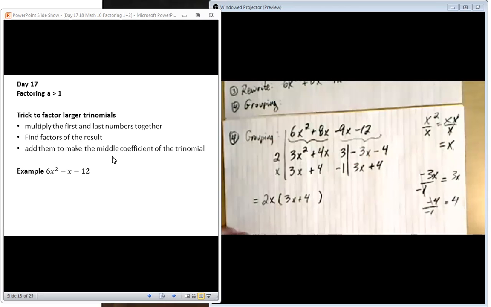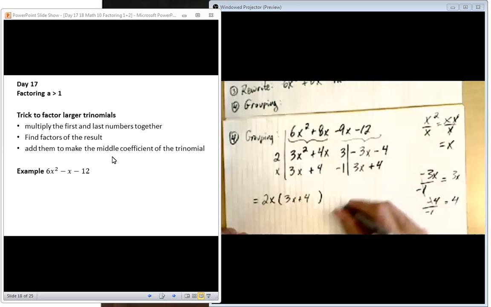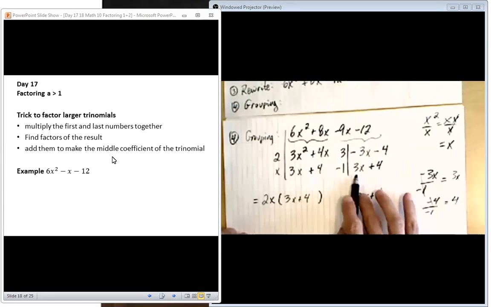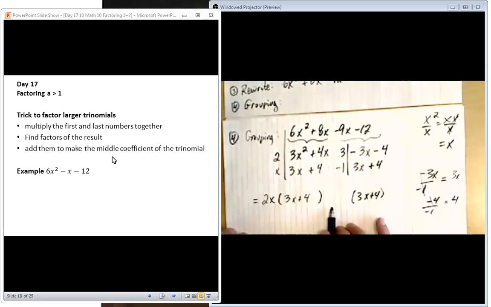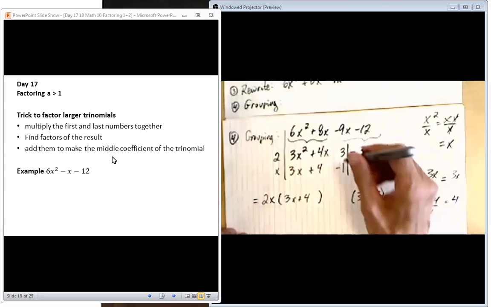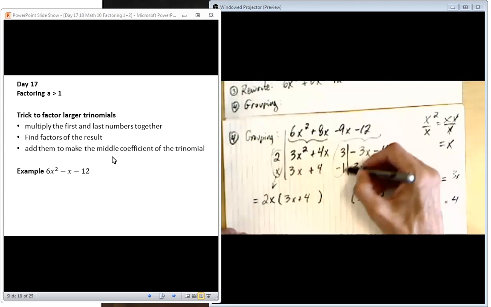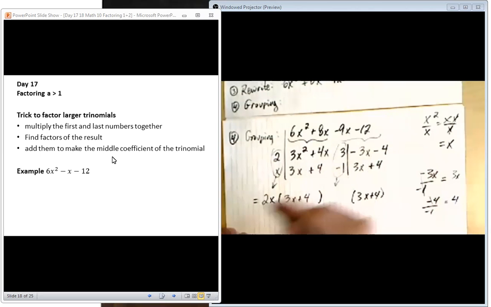So now we're at this level here. What do we get then? I'll give you the hard one. 3x plus 4 over there. That's what shows up. And this one in here? Times.